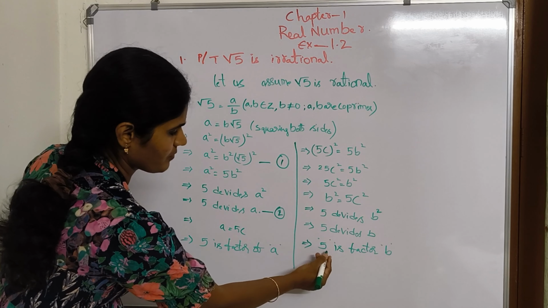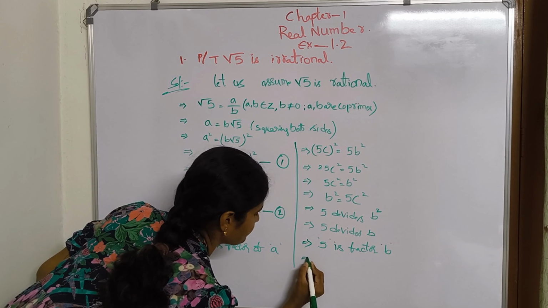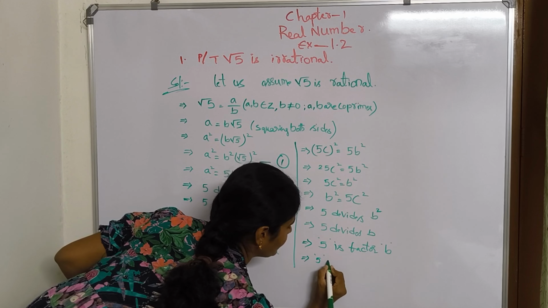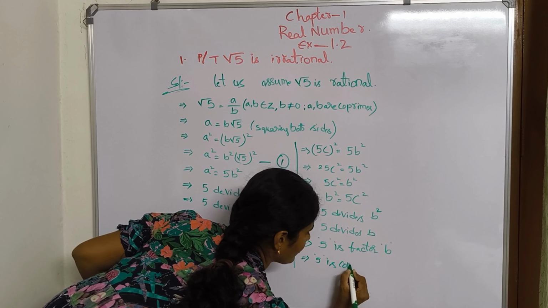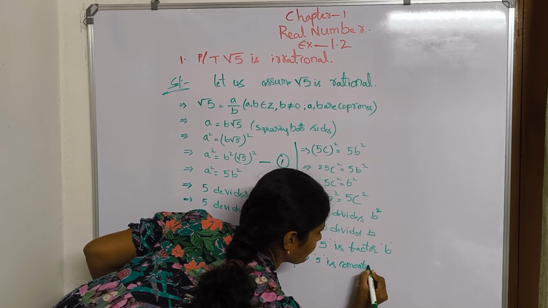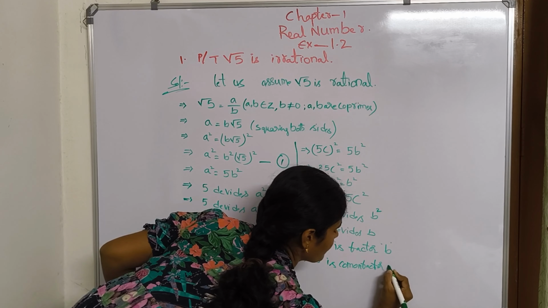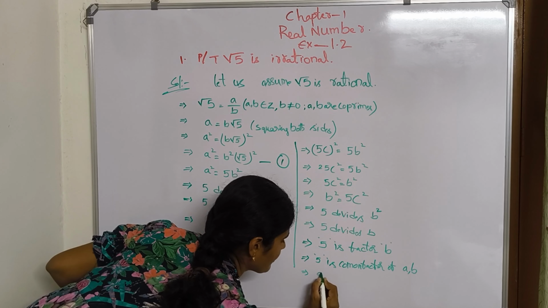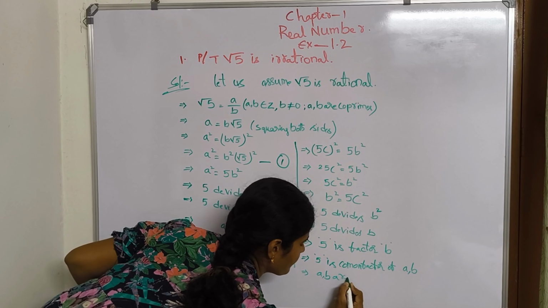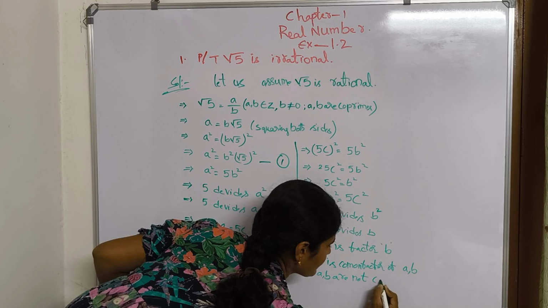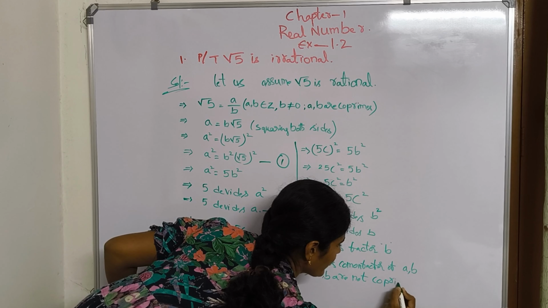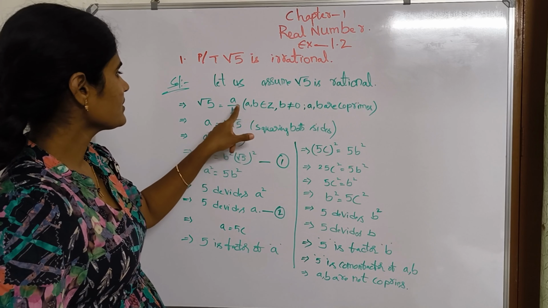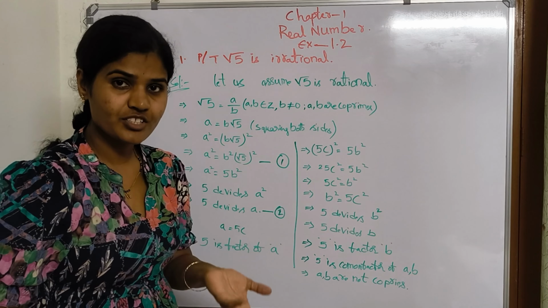From these two conditions we can say 5 is a common factor of a, b. That implies a, b are not co-primes. These are not co-primes means this is not a rational number.